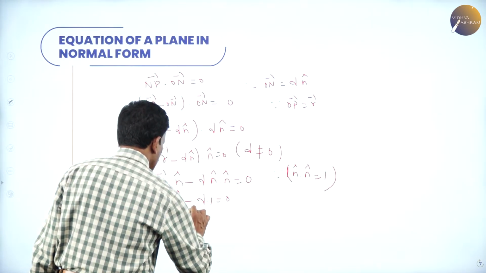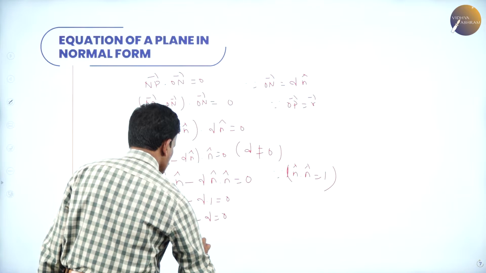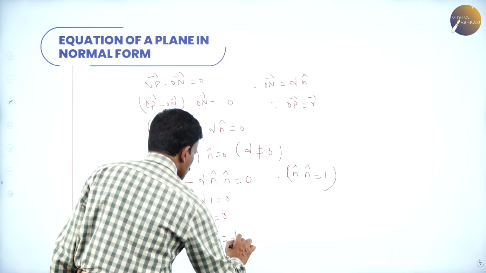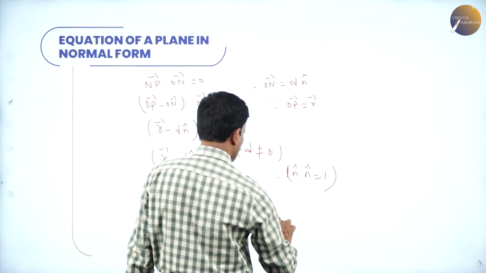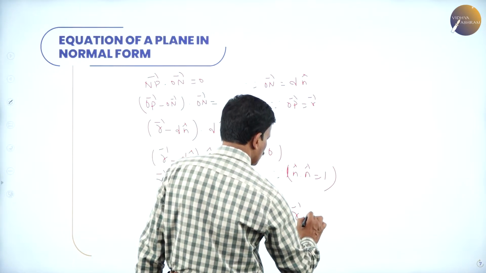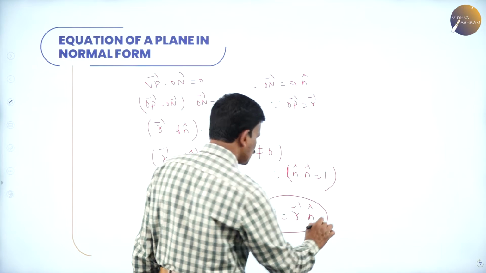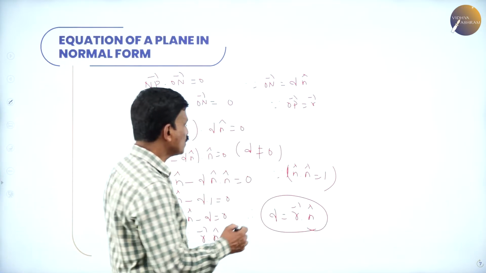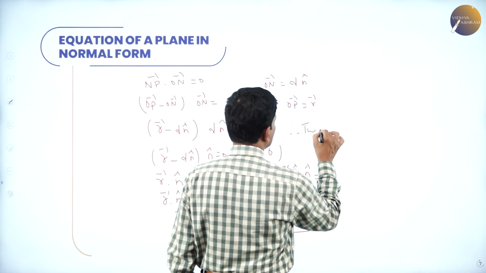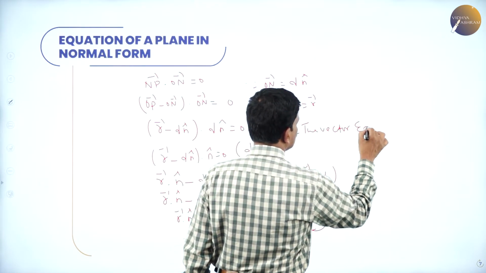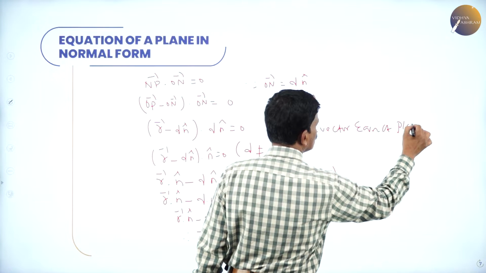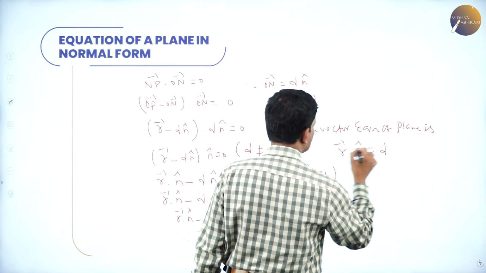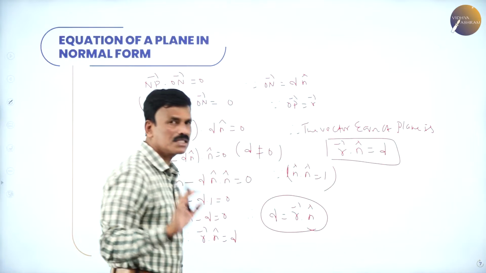That is, vector r dot n cap is equal to d. Therefore the vector equation of the plane is vector r dot n cap is equal to d. That's it. Very simple.